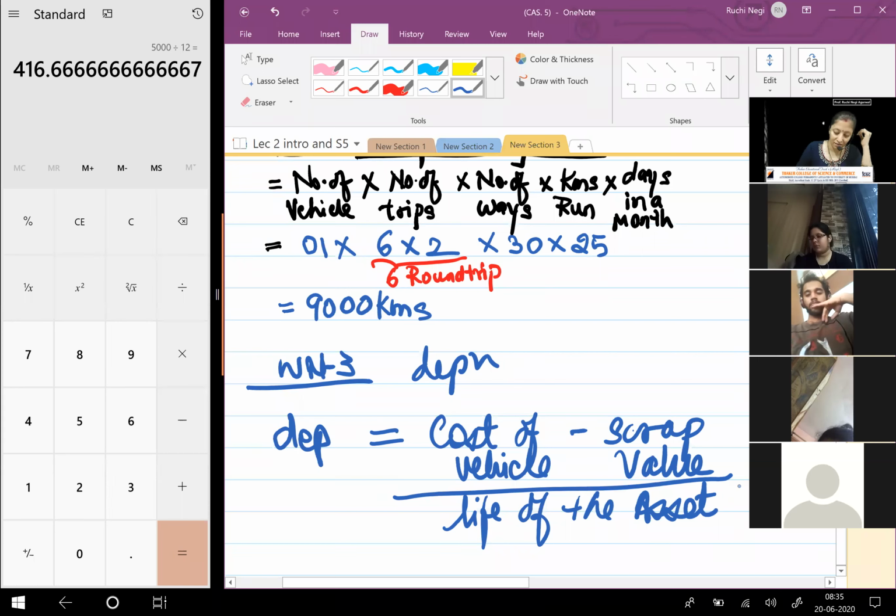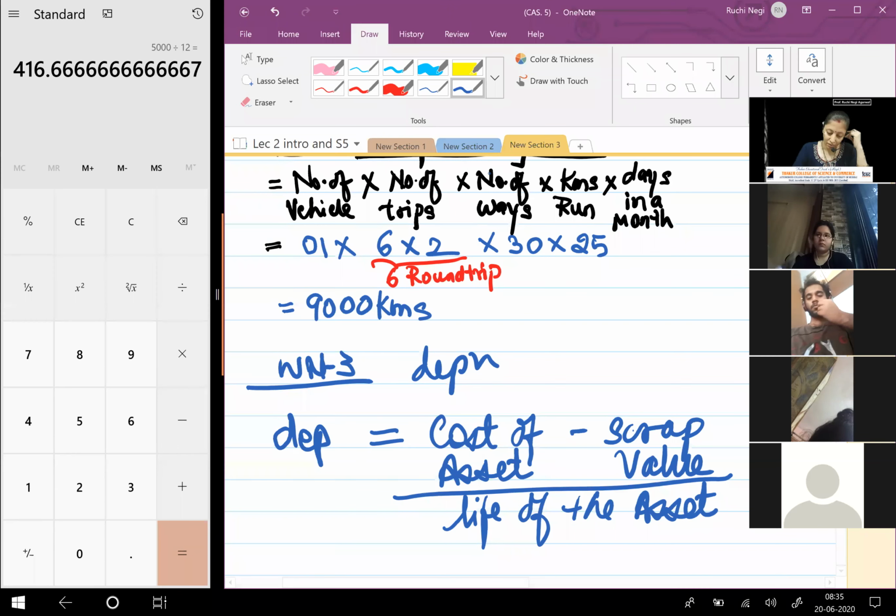You can use the words cost of asset also. Note it down, everyone.